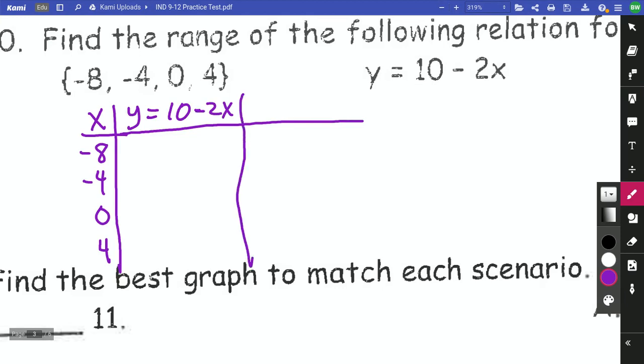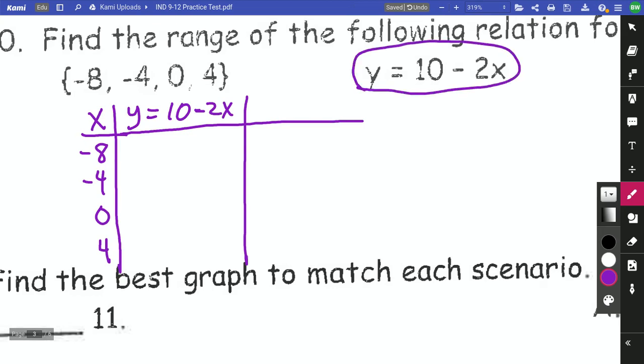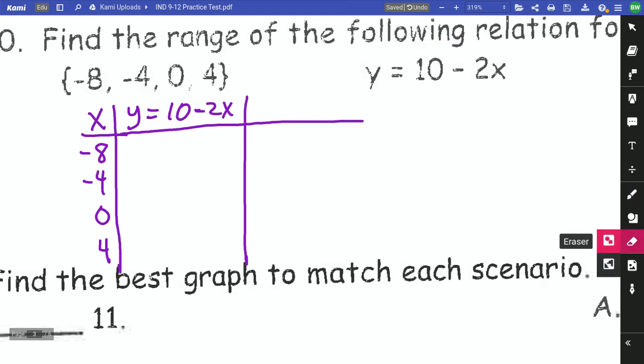In the other kind, you might have to find the rule yourself if it was an equation that was not solved for y. This one is solved for y already, and so we have our rule. We don't have to solve it for y.